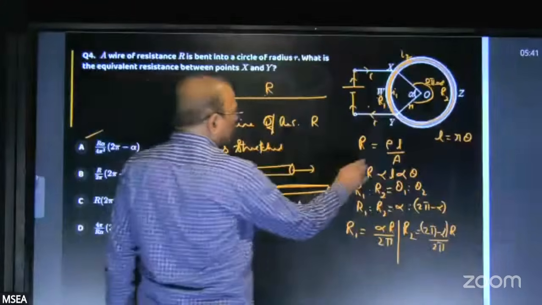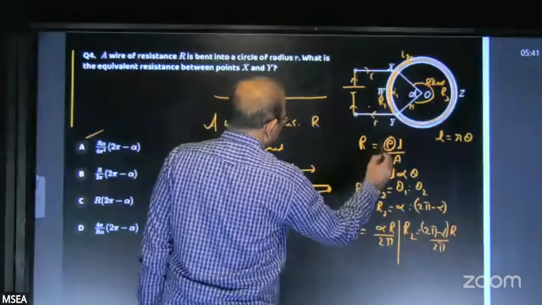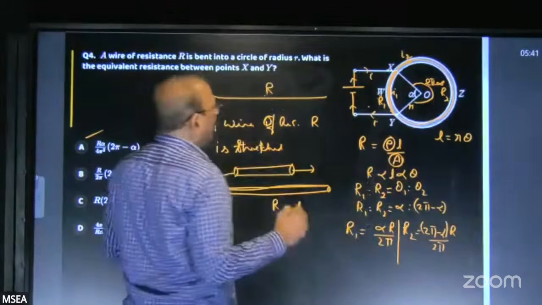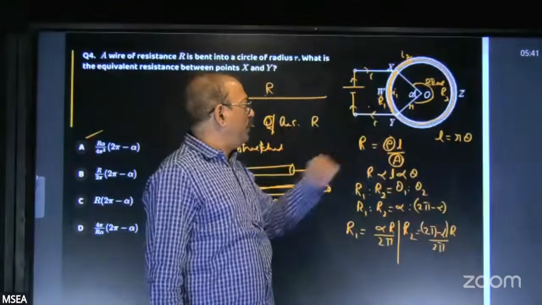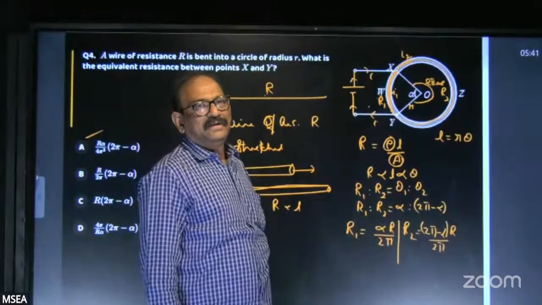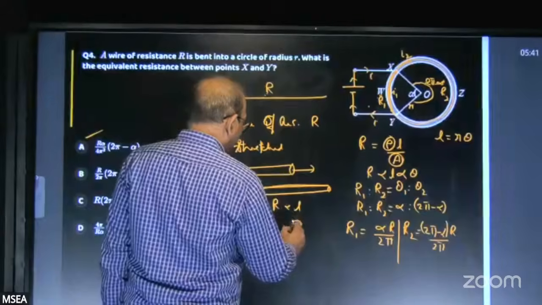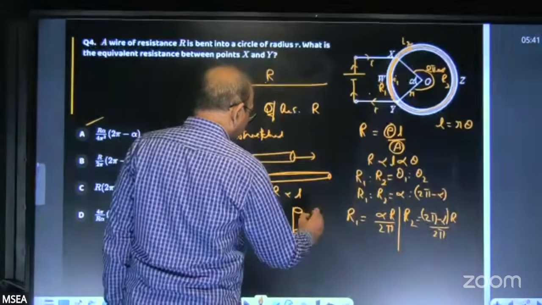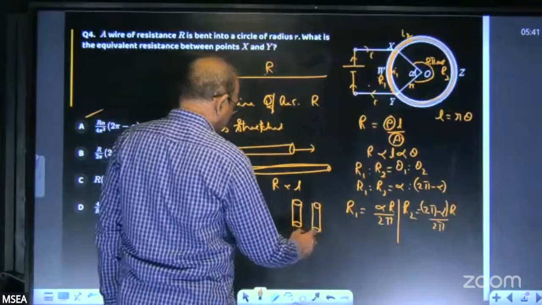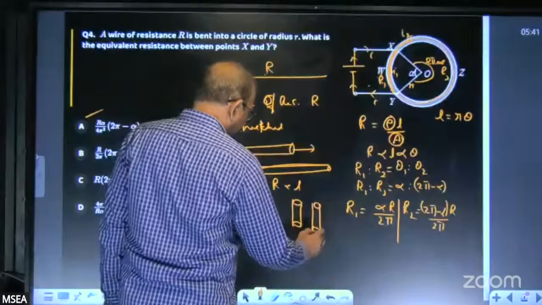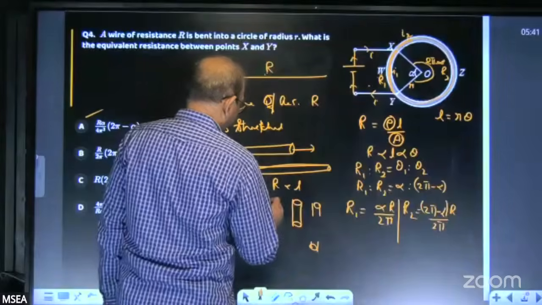Resistance is proportional to L under one condition: when the resistivity and area are constant. Suppose I have two separate wires of the same area of cross section, one a long wire and the other short.